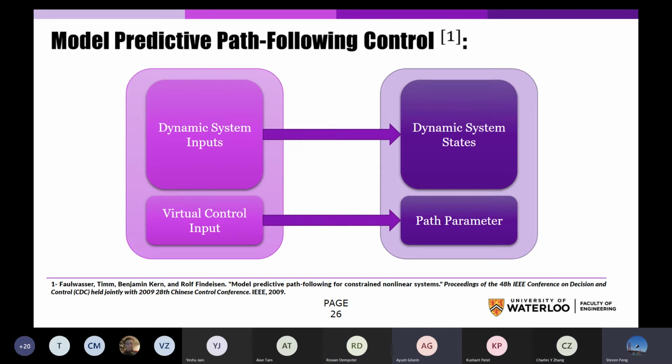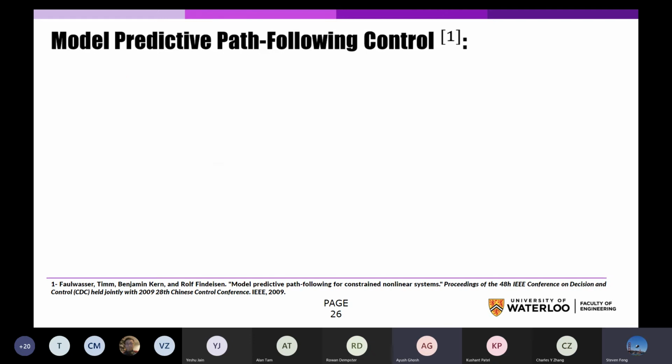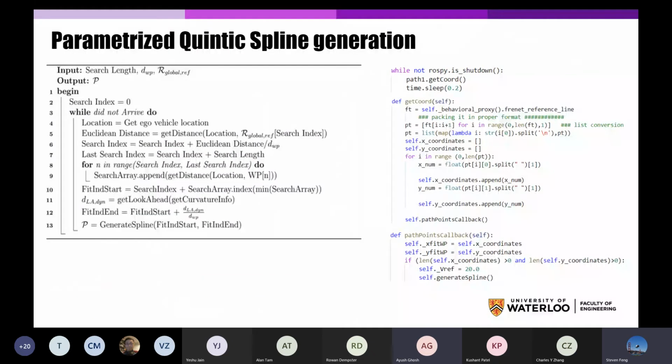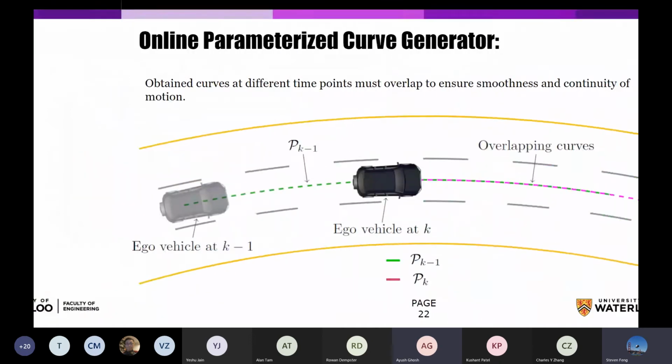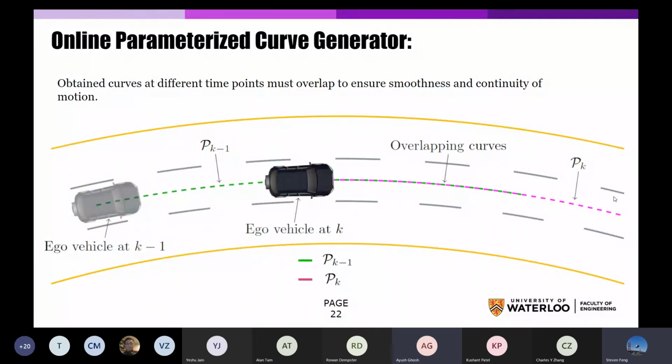Well, currently, since we're doing local planning, that is something we are working on. Right now, we only gather data from the behavioral planner, and then generate our splines from there. But there's more work to do in determining when we need to do a lane change, and just gathering that data.